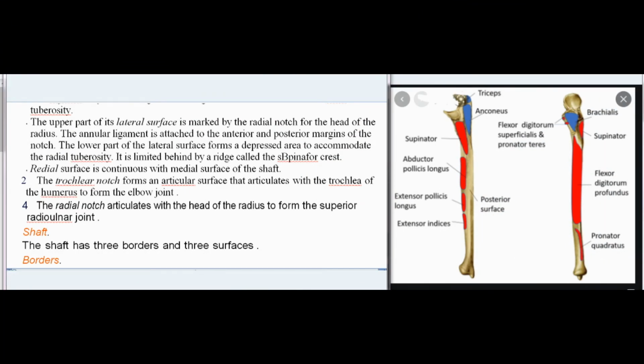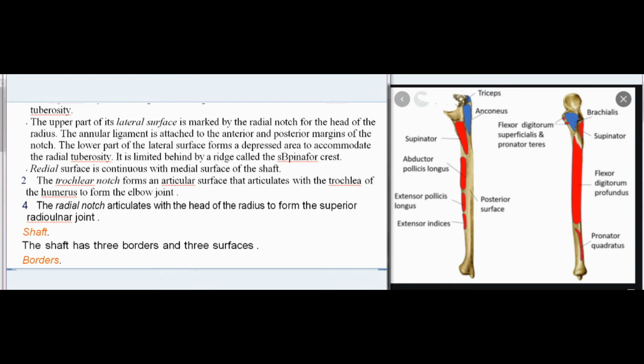The upper part of its lateral surface is marked by the radial notch for the head of the radius. The annular ligament is attached to the anterior and posterior margins of the notch. The lower part of the lateral surface forms a depressed area to accommodate the radial tuberosity. It is limited behind by a ridge called the supinator crest. The radial surface is continuous with the medial surface of the shaft.